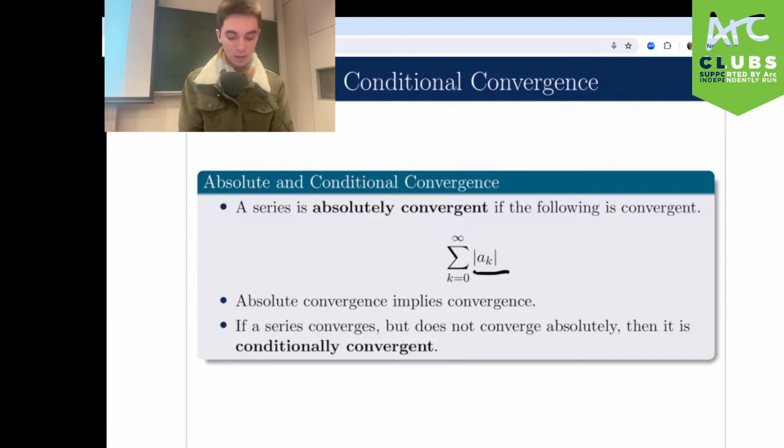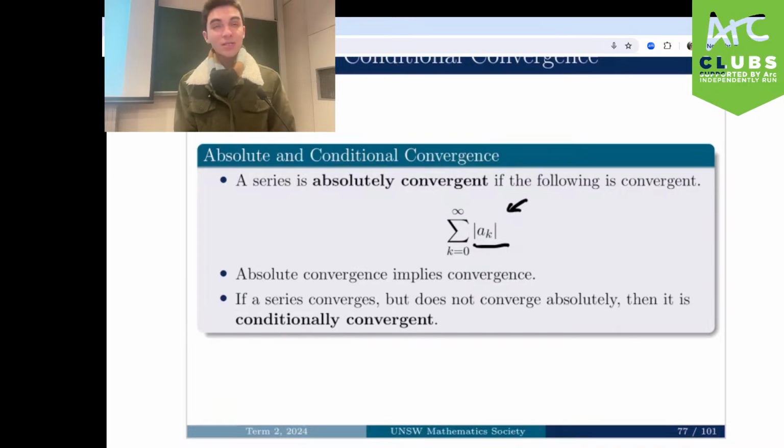Then we say that the original series is absolutely convergent. And absolute convergence implies convergence. This should make sense, because this series is going to be larger than whatever the original series was. And therefore, if it converges, then the lower one has to converge too.